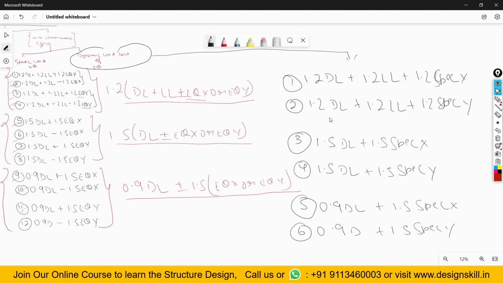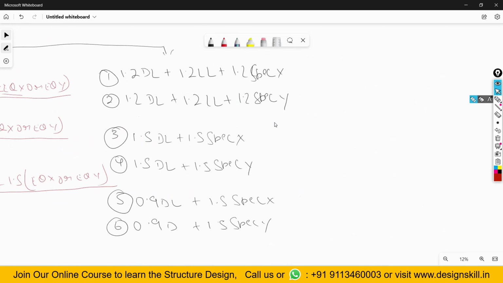So you can look at the difference between the static load combinations and dynamic load combinations: in the static one we have considered the minus 1 also, but in the dynamic one we have not considered the minus 1. So here the total load combinations are 6 only, and in the static one the total load combinations are 12. Now these load combinations also can be written in short.